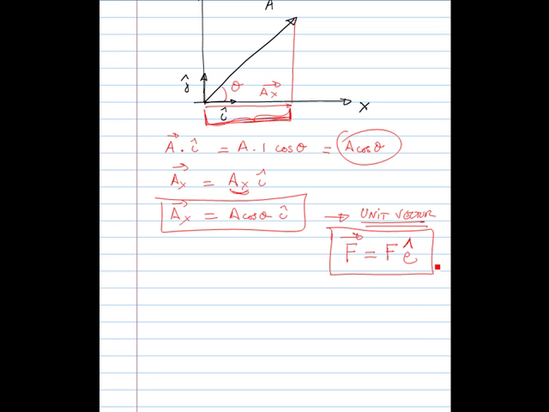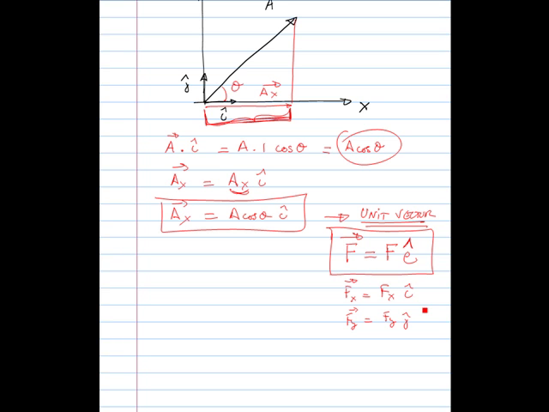If the vector F happens to be in the x direction, then Fx vector is equal to Fx scalar times i. If F happens to be in the y direction, Fy vector is equal to Fy j, whatever direction you want to pick.